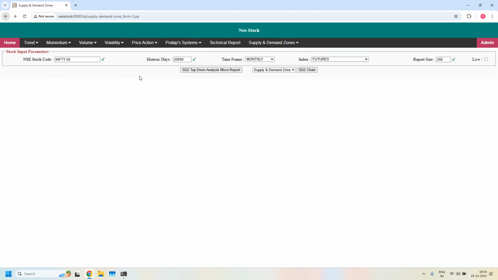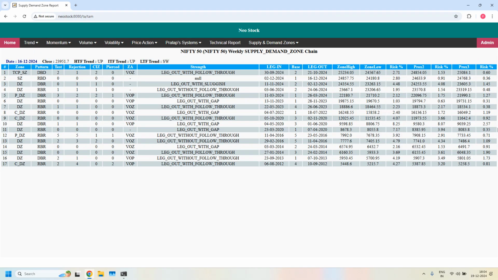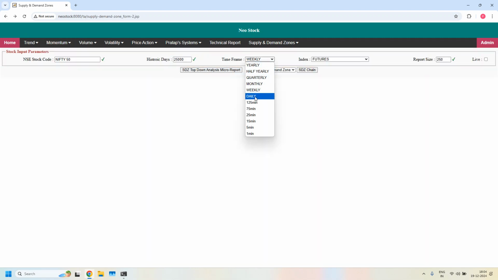Okay, next time frame is weekly, generating weekly supply demand zone chain for NIFTY. Next, generating daily supply demand zone chain for NIFTY.